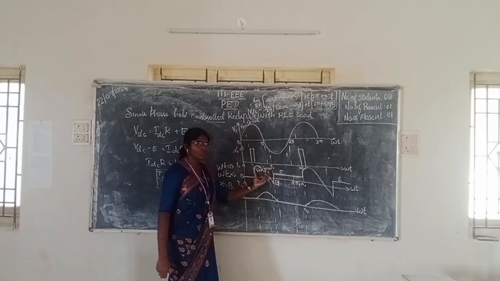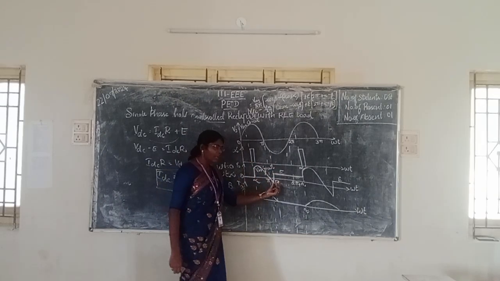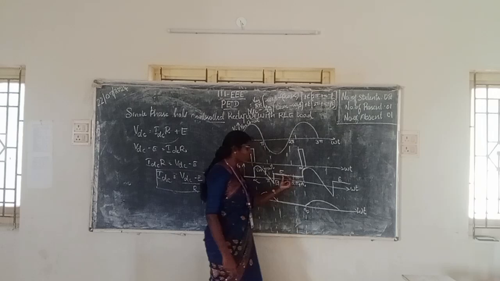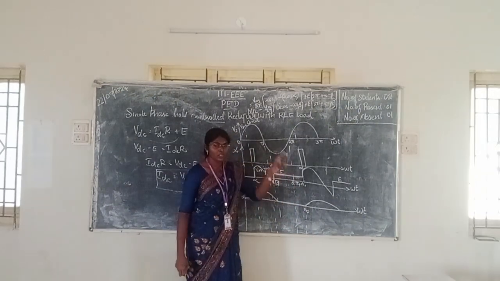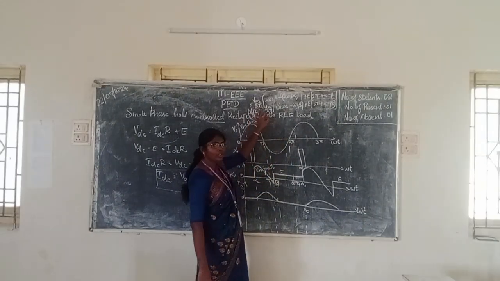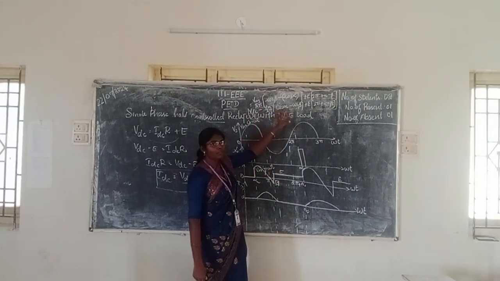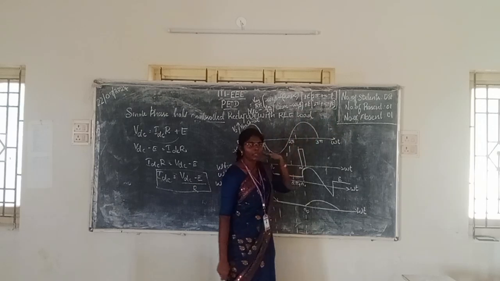What is the voltage here? Vm sin omega t. The next interval is from beta to 2 pi plus alpha. Here the voltage is E. After taking the integral and substituting the upper limit and lower limit, we get VDC equal to Vm by 2 pi into cos alpha minus cos beta, plus E into 2 pi plus alpha minus beta.